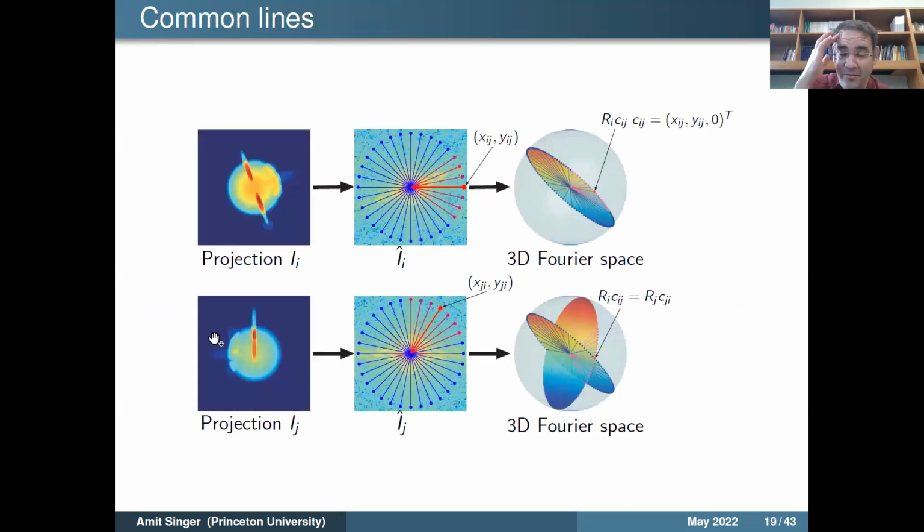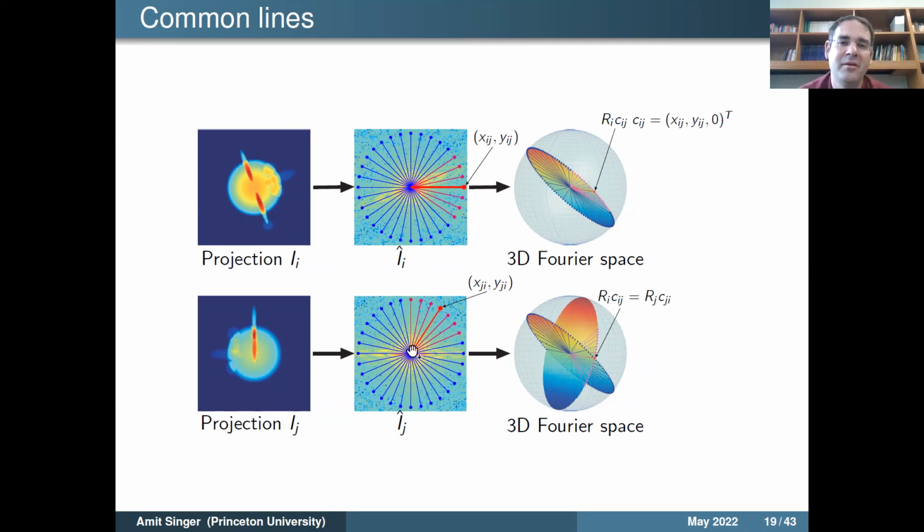Then you can ask, how am I going to estimate the rotations? I told you before about the Fourier projection slice theorem, and this means that every two projection images, if we consider their 2D Fourier transforms, are going to intersect at a line in the 3D reciprocal space, because every projection corresponds to a plane, and two planes intersect at a line. This is known as the common line of intersection.